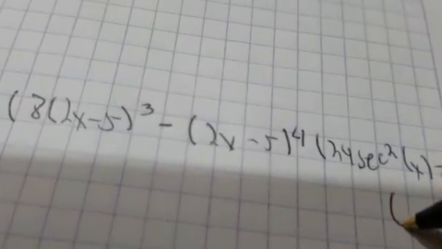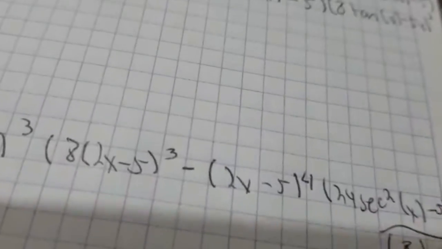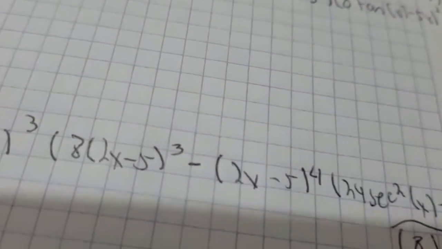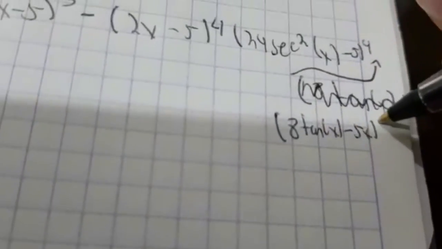Okay, and then this is going to be, for example, here, and it's going to be 8 tangent of x minus, I ran out of space again. Okay, it's going to be 8 tan of x minus 5x squared. Okay, so this is going to be, oh, I'm sorry, I forgot.